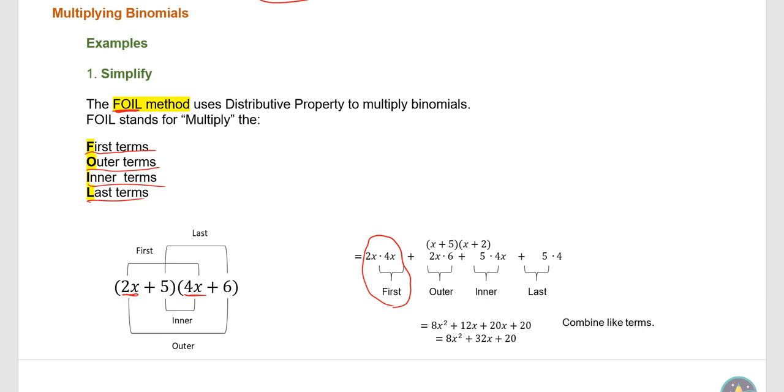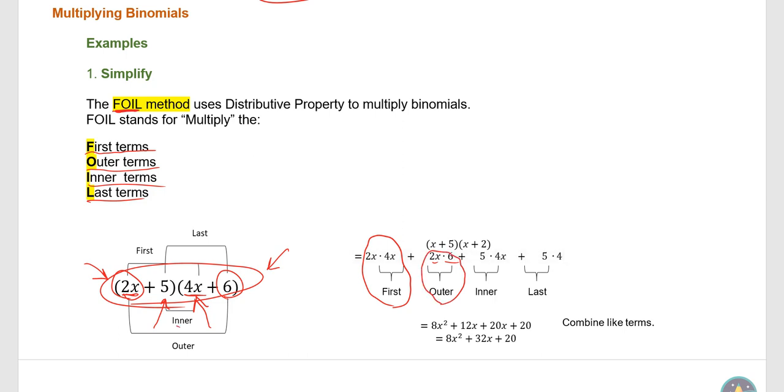The outer terms are the terms on the outside of the whole expression. So these would be the outsides, as opposed to these being the insides. So the outsides here would be 2x times 6. These are the outer terms.